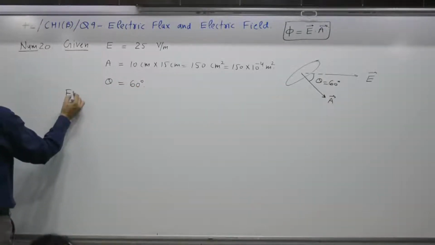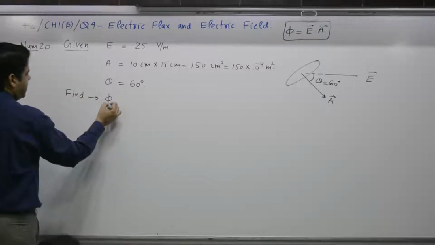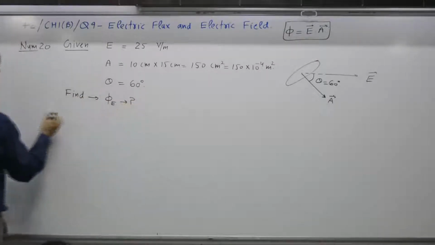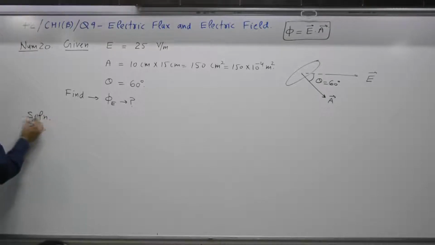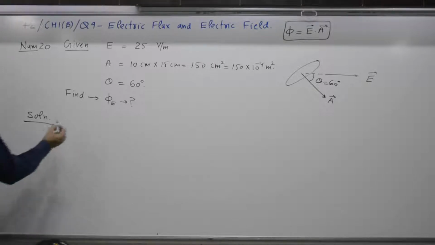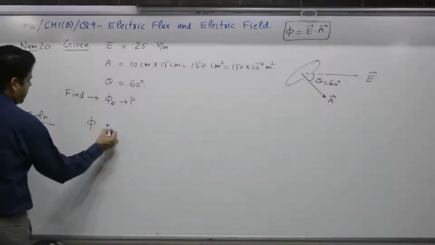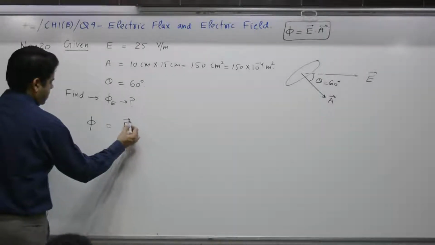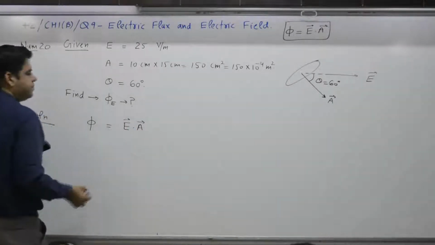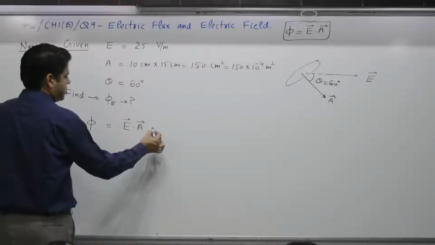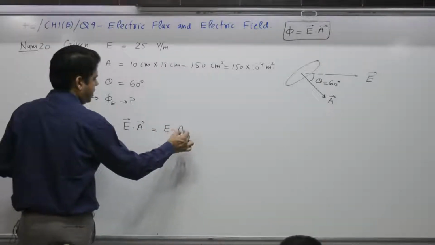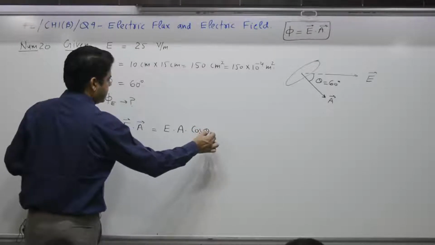So to find out what? Find electric flux. Write the formula. Phi is equal to E dot A is equal to E A cos theta.